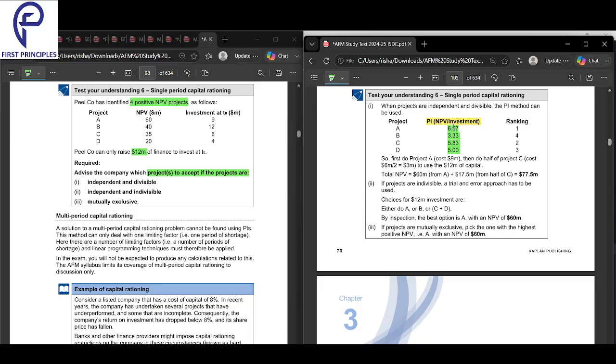So once you've found the profitability index per dollar, then you do the ranking.